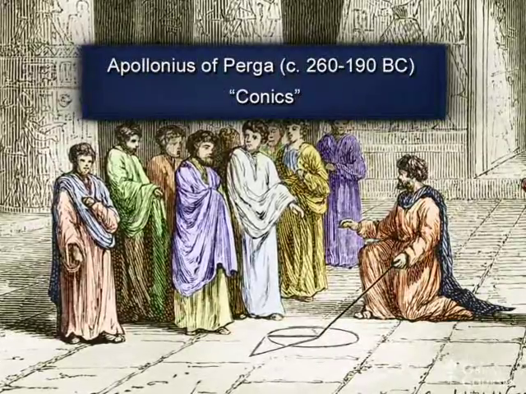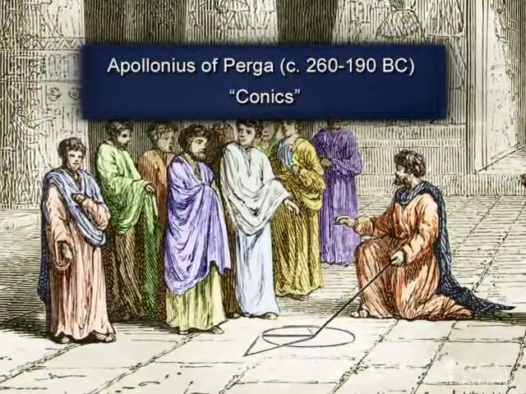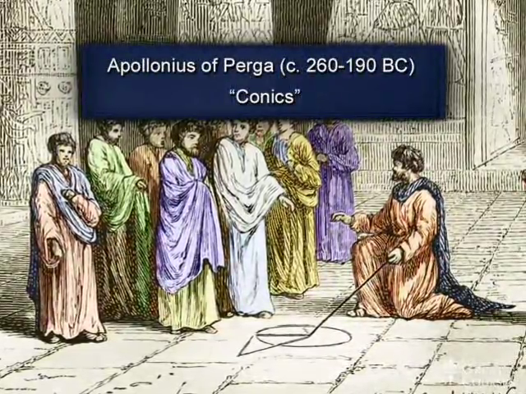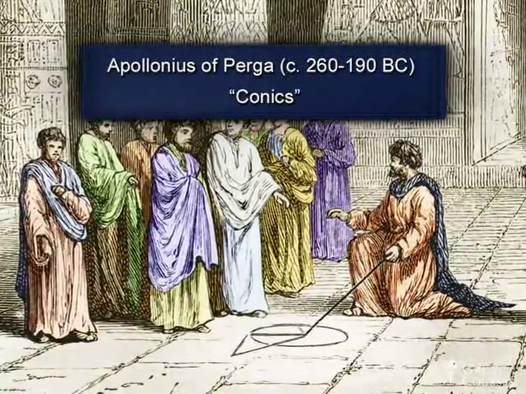So these conic sections have been around at least 2,200 years or so in terms of mathematical study. Apollonius was very influential in the study of these graphs. In fact, most believe that it was Apollonius who started using the terms parabola, hyperbola, and ellipse.